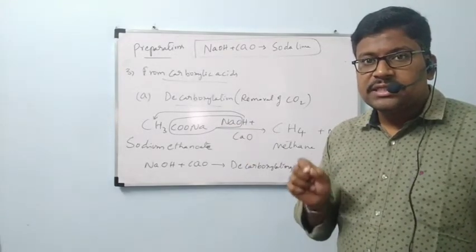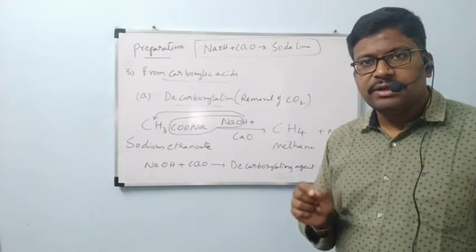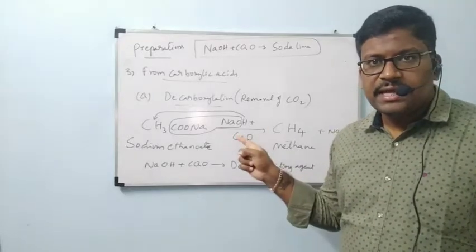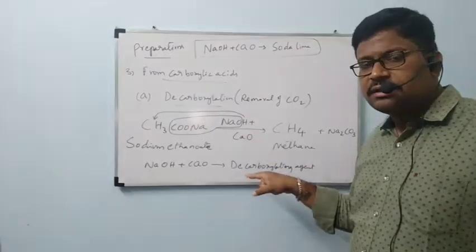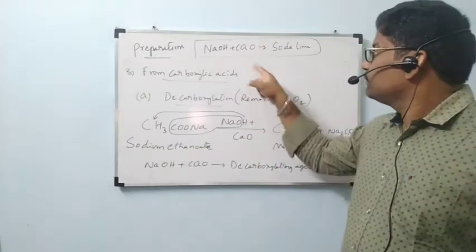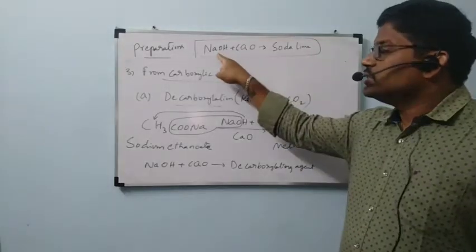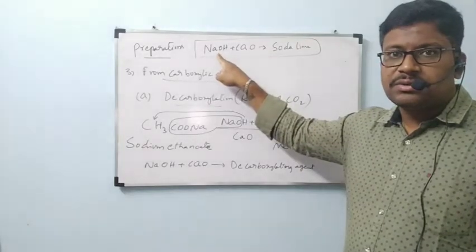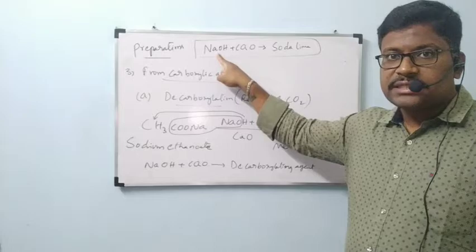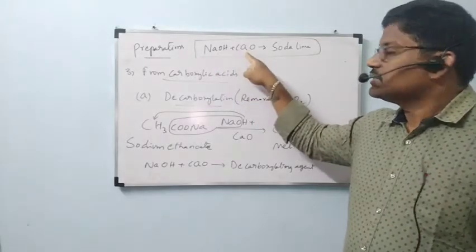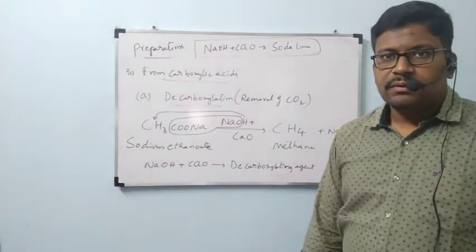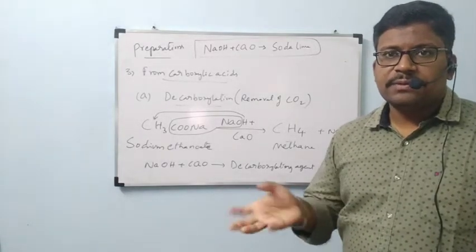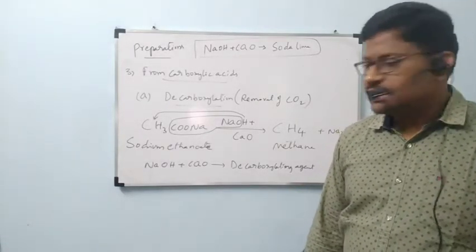The reagent which helps to remove carbon dioxide is called a decarboxylating agent. The normal name is soda lime. NaOH is sodium hydroxide, caustic soda, plus CaO, quicklime. Both together are commonly called soda lime. In this reaction it helps to remove carbon dioxide, so it is called a decarboxylating agent.